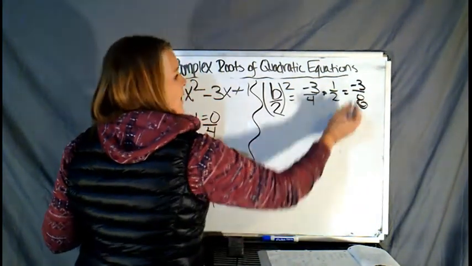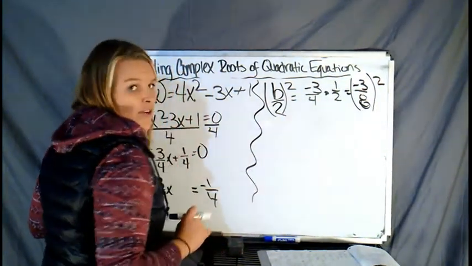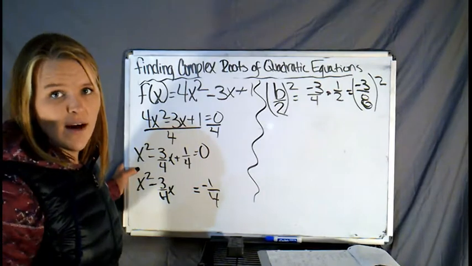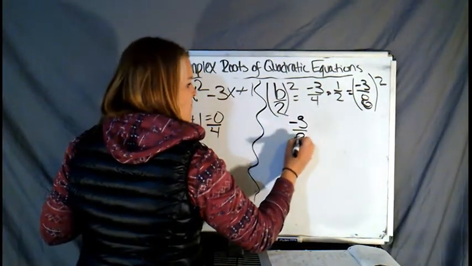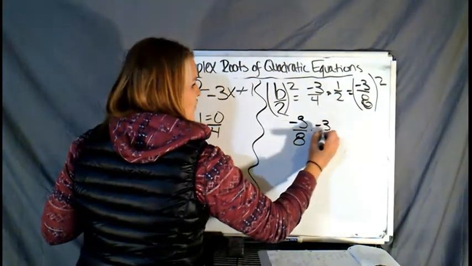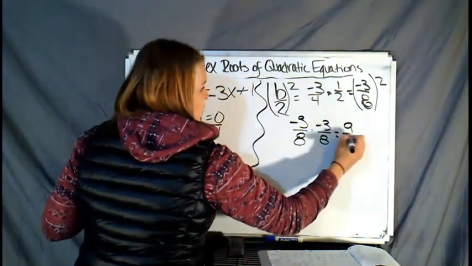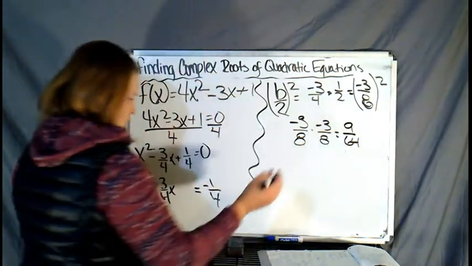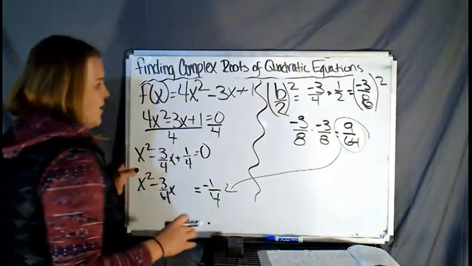And I need to square that. When you square something, you're just taking that number by itself, times itself. So this will be negative 3 over 8 times negative 3 over 8, which gives me 9 over 64. I'm going to add 9 over 64 into here.